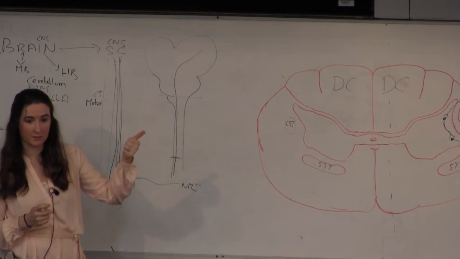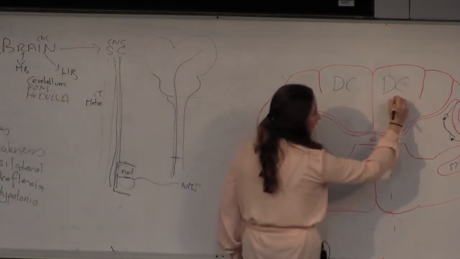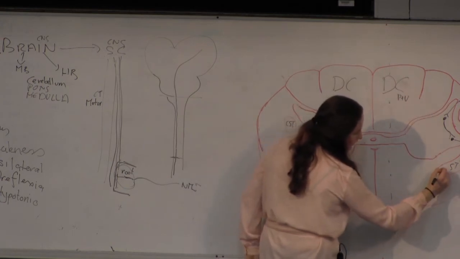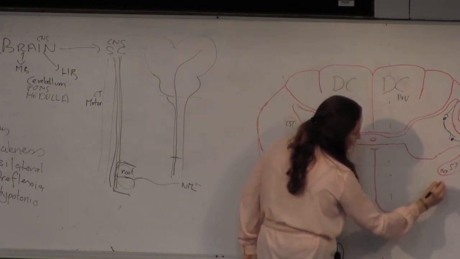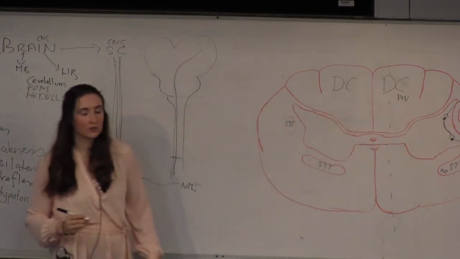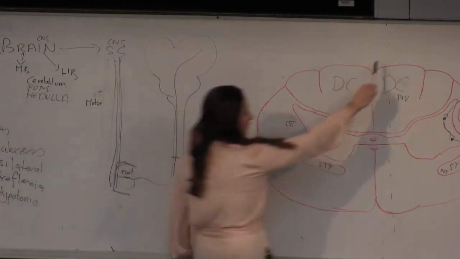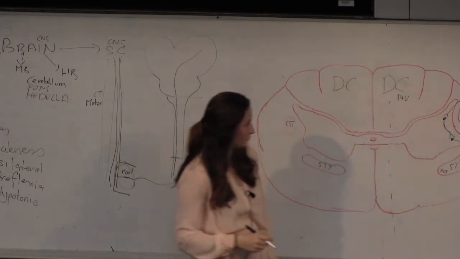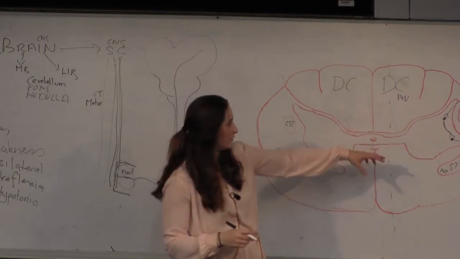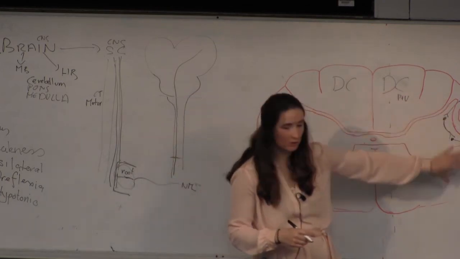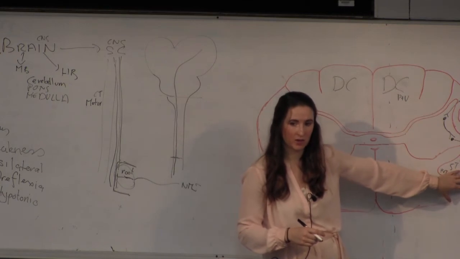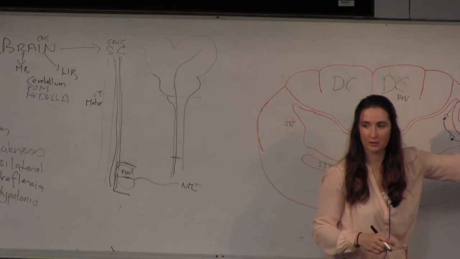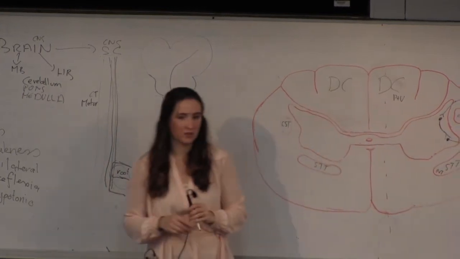So dorsal column is proprioception and vibration, and spinothalamic tract is pain and temperature. Yeah. Okay. So if we have a lesion that's somewhere along here, and all of this part is affected outwards, so the anterior horn cell is affected, dorsal columns are affected, spinothalamic tract is affected, the nerves peripherally are affected. What's the sensory problem you're going to find?